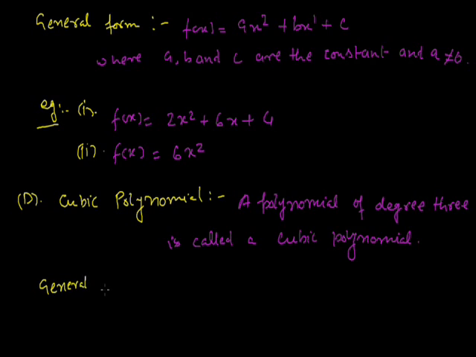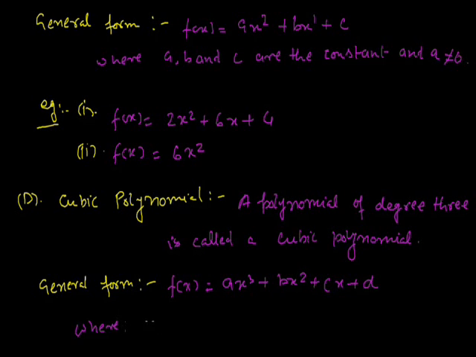General form of a cubic polynomial: f(x) equal to ax cube plus bx square plus cx plus d, where a, b, c and d are constants and a not equal to 0.